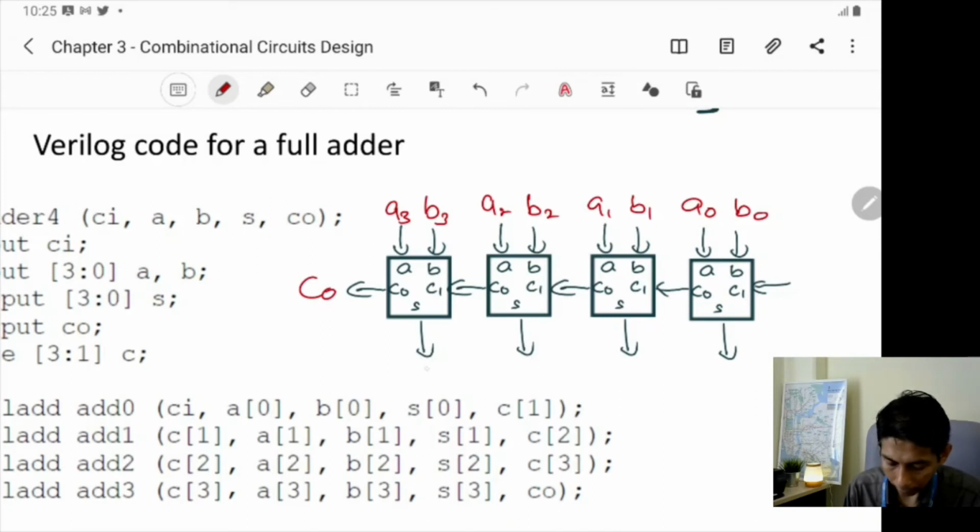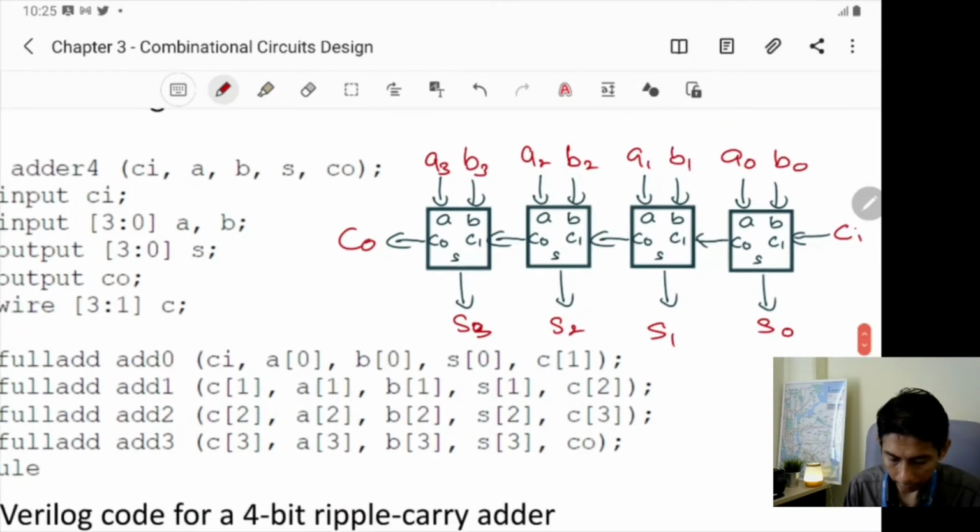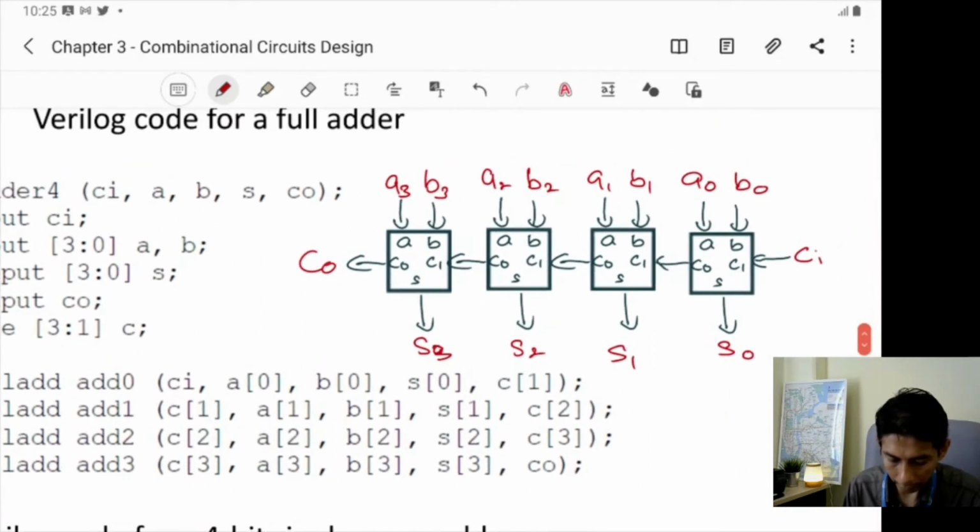And this one we call S3, S2, S1, S0. And this one we call CI. This one we call C1, C2, C3.